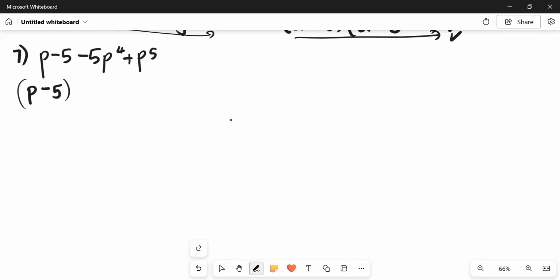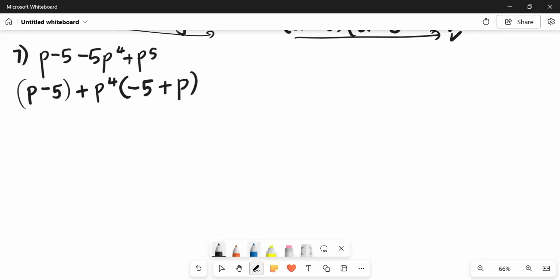So I'll just take out the common factor of positive P to the power 4, and I'll be left with minus 5 plus P. So that when I multiply this back, we get to minus 5P to the power 4 and positive P to the power 5.